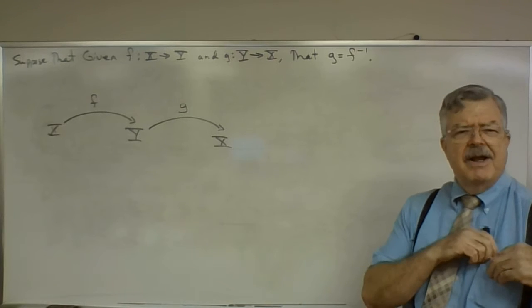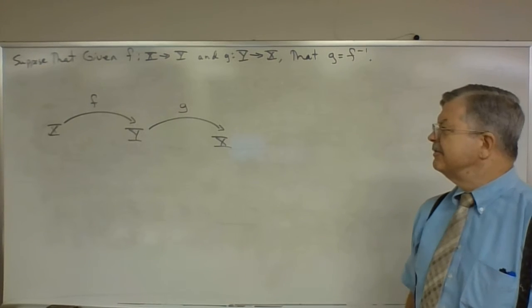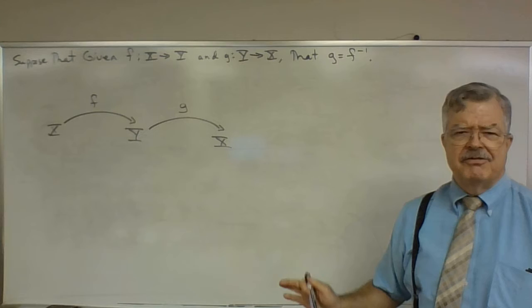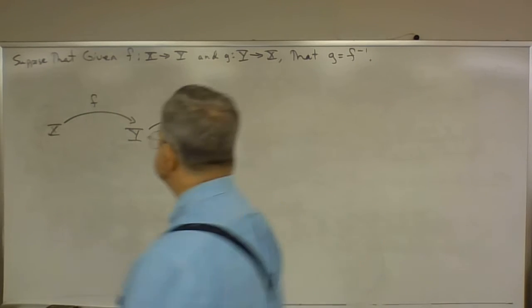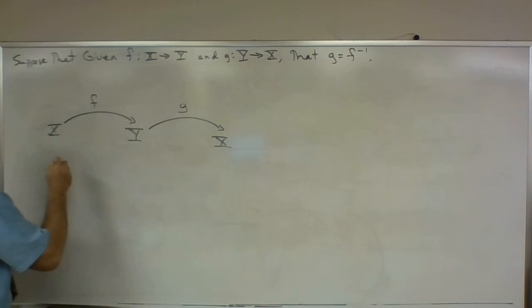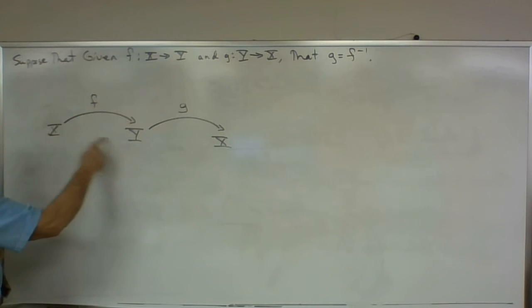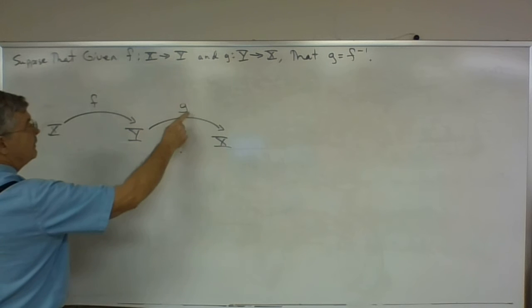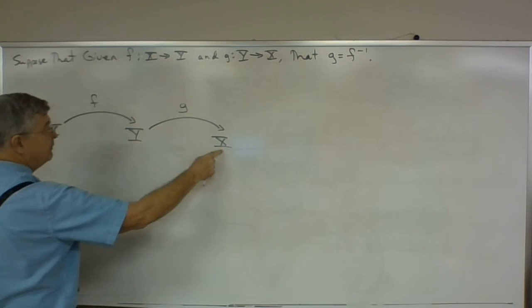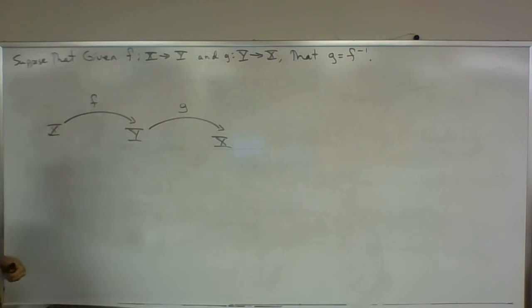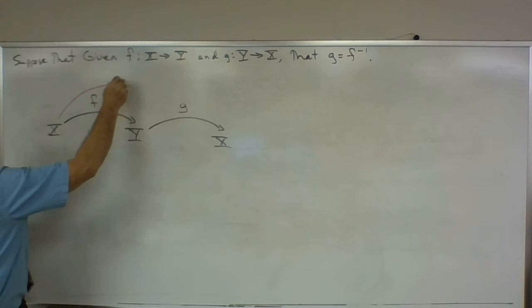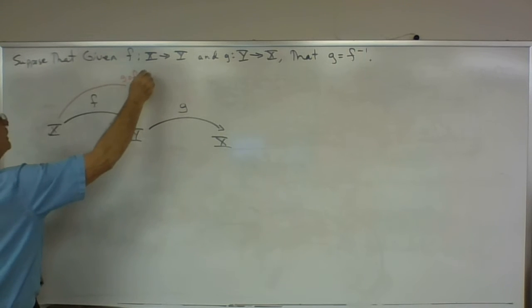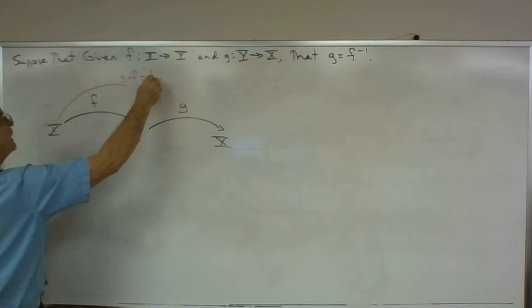Now let's play around with some pictures and some examples just to make sure that we really get what's going on here. We have a function f from x to y and a function g from y to x such that g is the inverse of f. So here's their composition. g composed with f, and that's the identity on set x.